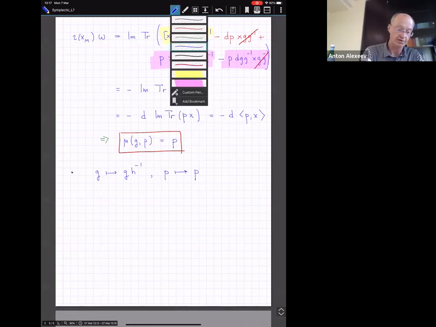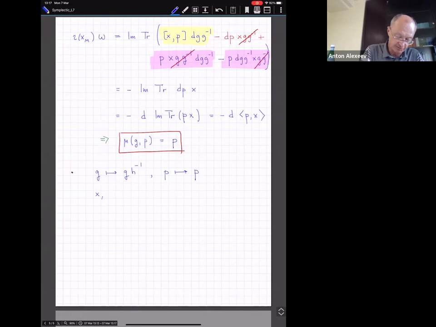So the corresponding Hamiltonian vector field looks like this, and X_M of P is 0, for all x in G.